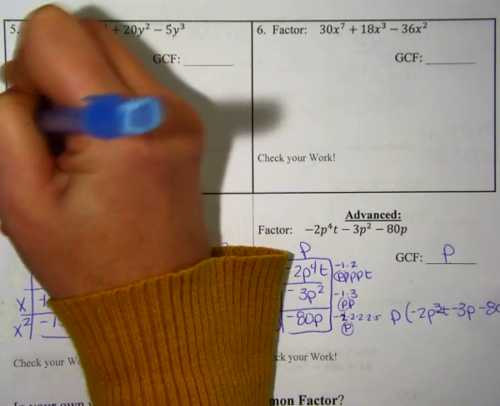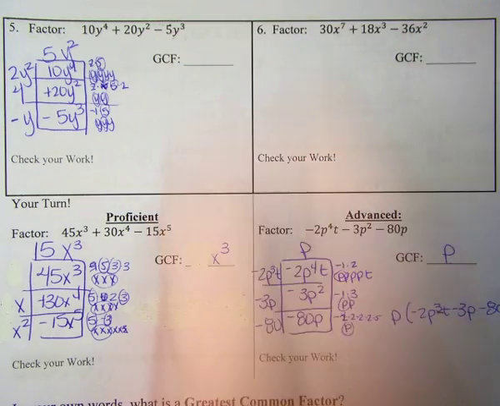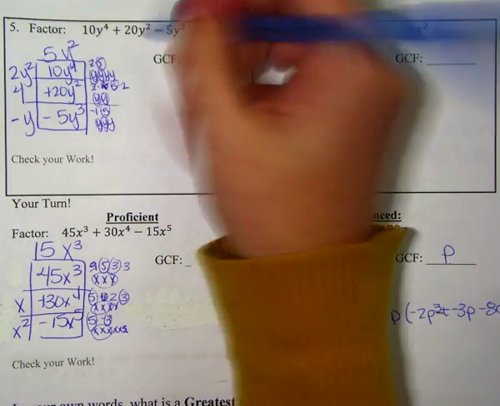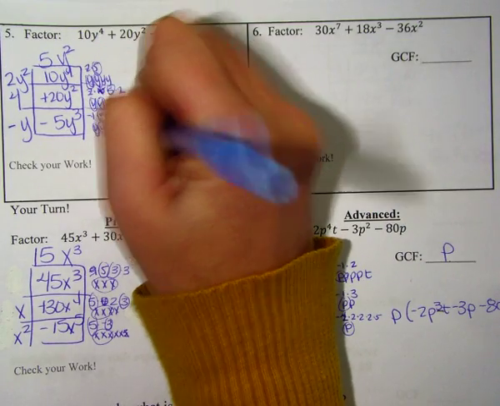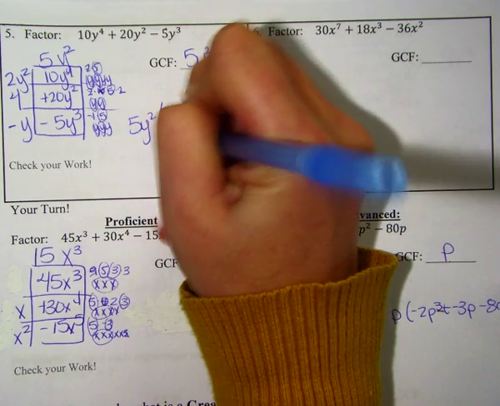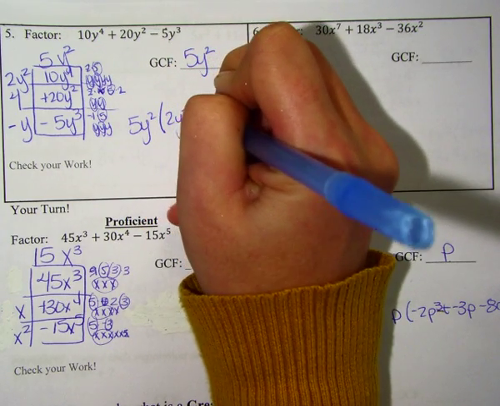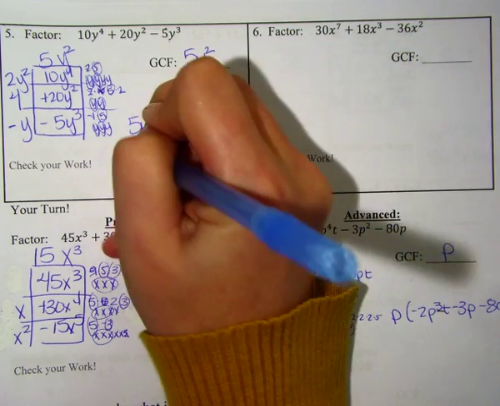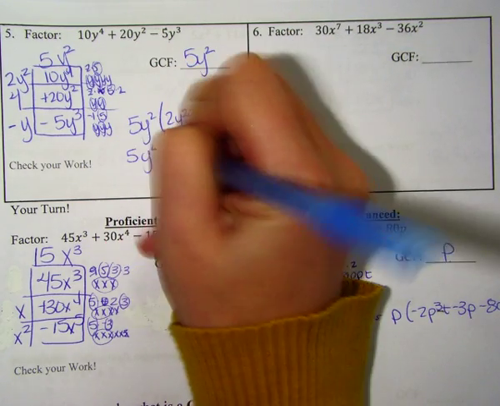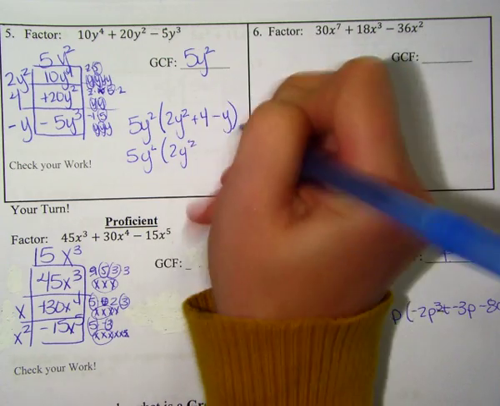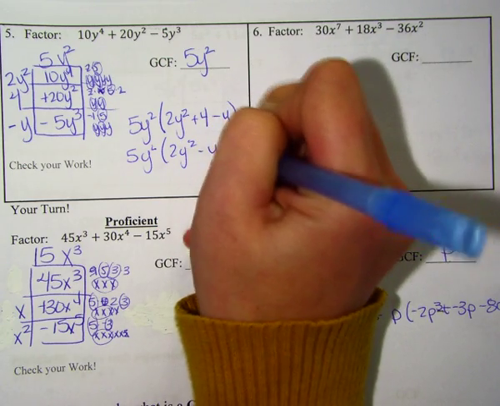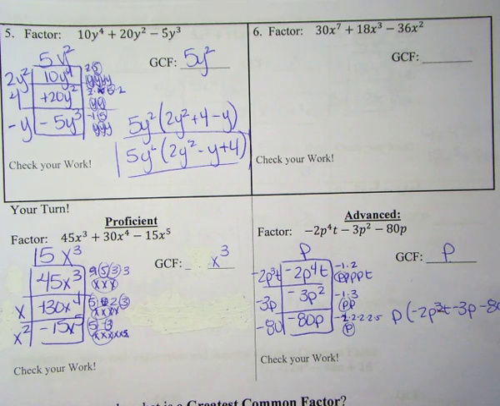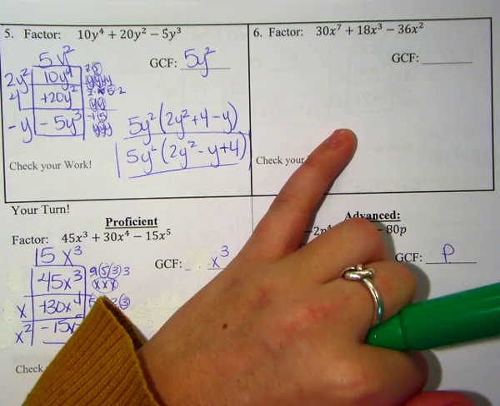Negative 1y. The GCF is 5y squared. However, if we were to factor this, it's going to be 5y squared times 2y squared plus 4 minus y. But I want to write that in standard form: 5y squared times 2y squared minus y plus 4. You can go ahead and check the answer key for this very last one.